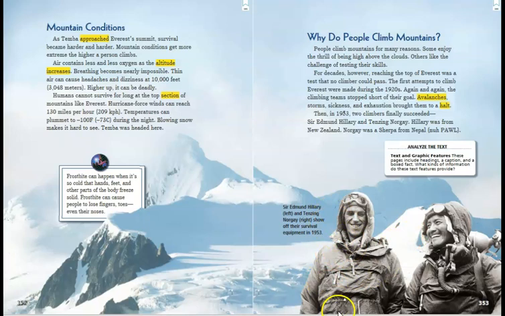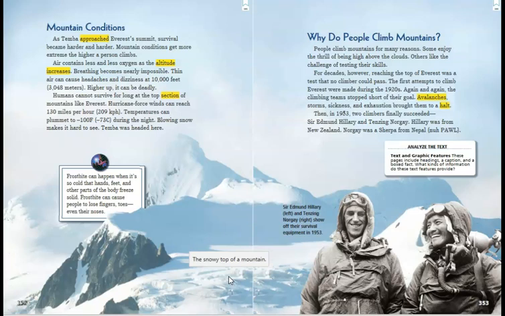Okay, so it looks like we have a picture of the people we were just told about. So this little caption is going to tell us about the photograph and about who's who. So it says Sir Edmund Hillary, left, that tells us the person on the left, this is Edmund, and Tenzing Norgay on the right, show off their survival equipment in 1953.